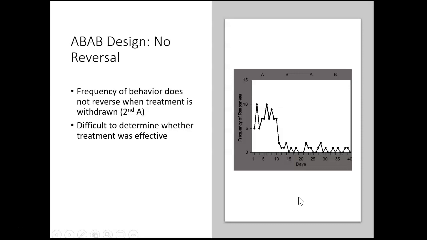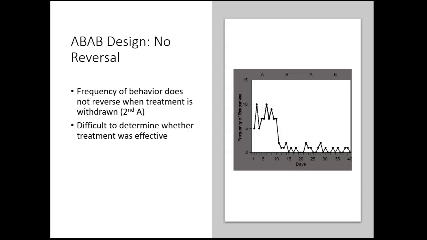Now, there are versions of an ABAB design where you aren't doing reversals. Here you look at the frequency of behaviors, but you're not going to see a reversal after the attempt to return to baseline.